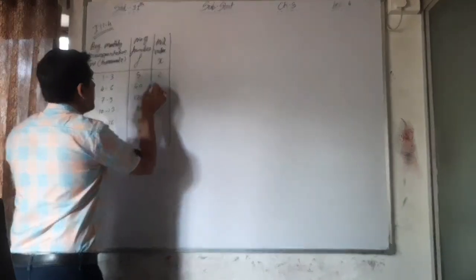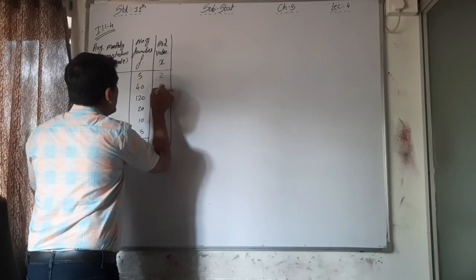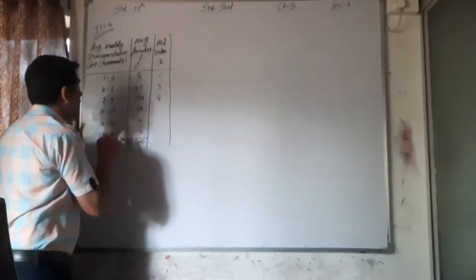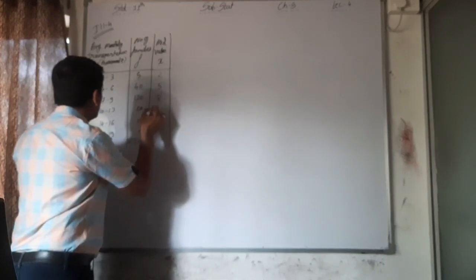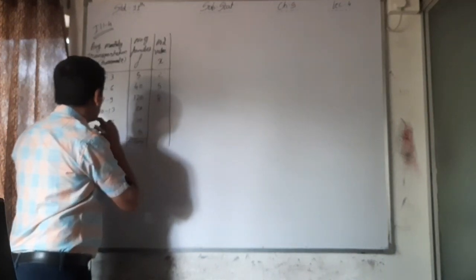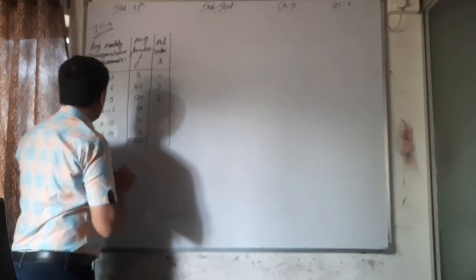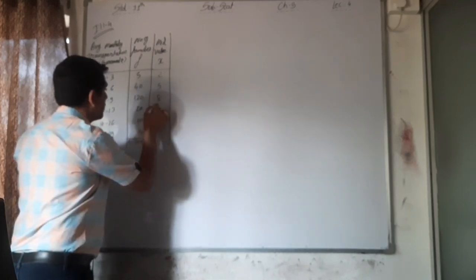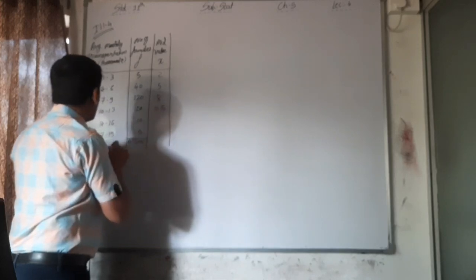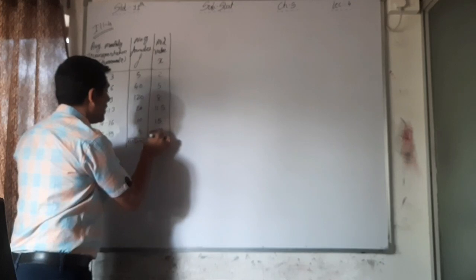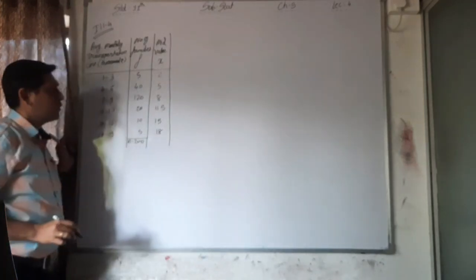4 plus 6 divided by 2, 5. 7 plus 9 divided by 2, 8. 10 plus 13 divided by 2, 11.5. Then 14 plus 16 divided by 2, 15. And 17 plus 19 divided by 2, 18.